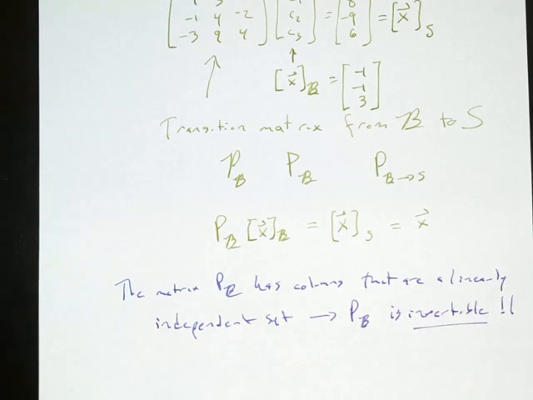Oh, wait a second then. If that's invertible, I know how to find the B vector when I'm given the standard vector.